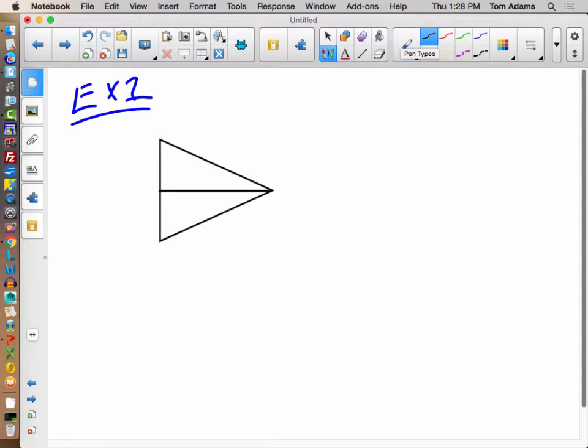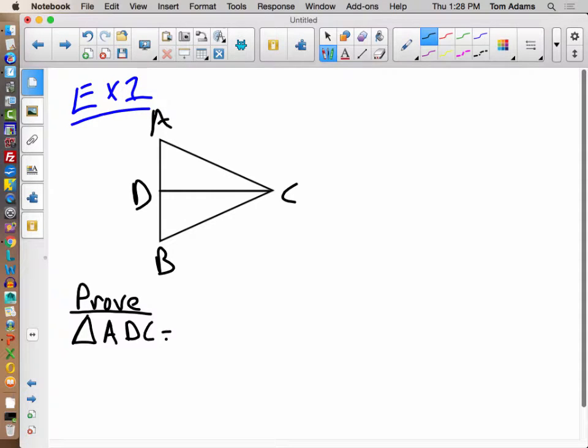All right, so now if I label this as they have labeled it in your textbook, we're given A, B, C, and then D. And what we want to do is prove that triangle ADC is congruent to triangle BDC. Now, they give us some given information in the textbook that I'm just going to write down in the proof.